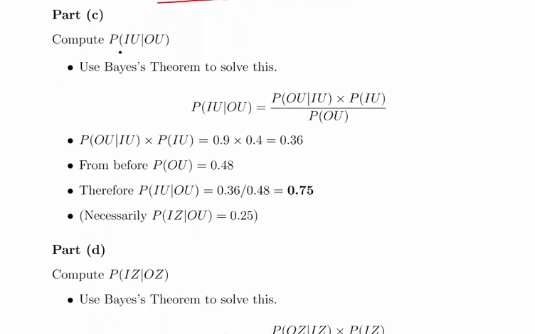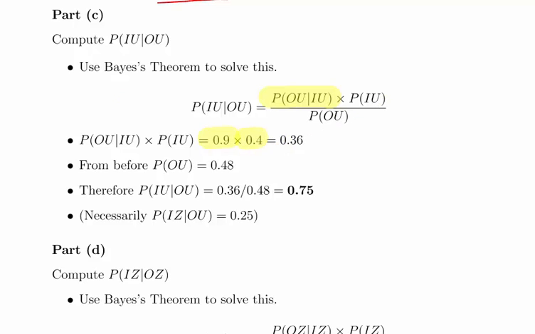So the third question asks us the probability of the input being 1 given that the output was 1. We were not told this in the question, but what we were told is the probability of the output being 1 given that the input was 1. That was 0.9. We also know that the probability of the input being 1 is 0.4.